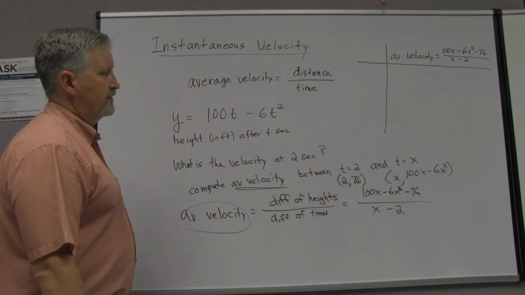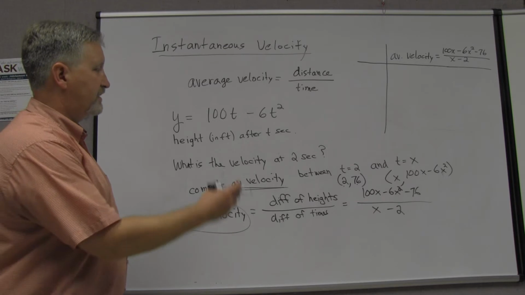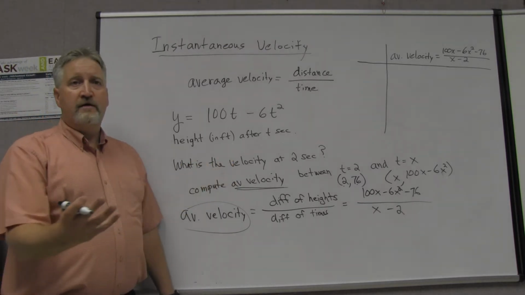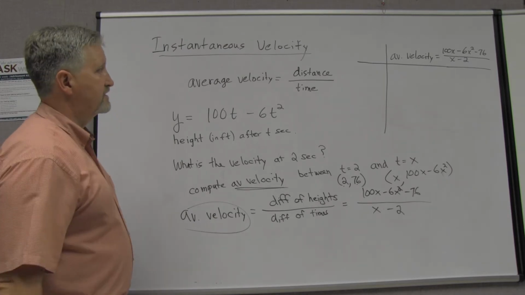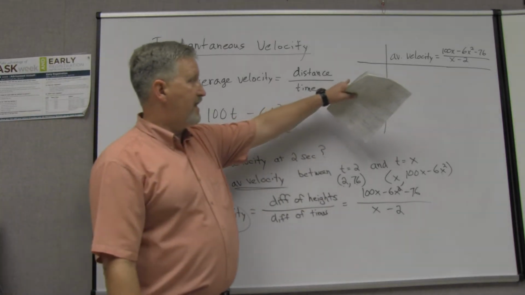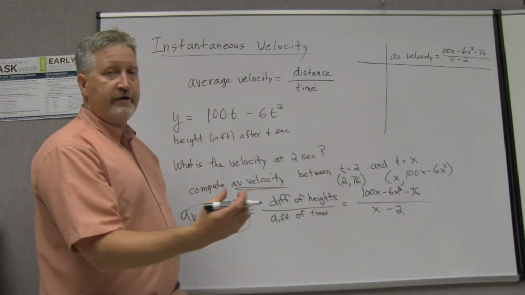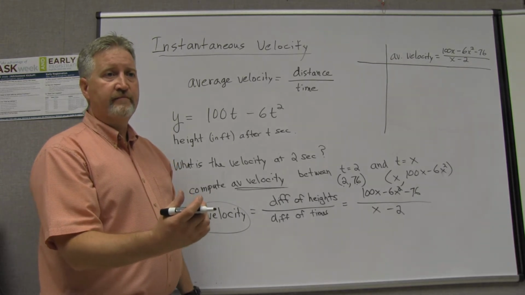And then I want to get the instantaneous velocity at 2, so do very much the same thing that I did previously. I want my x values here closer and closer to 2, don't I?